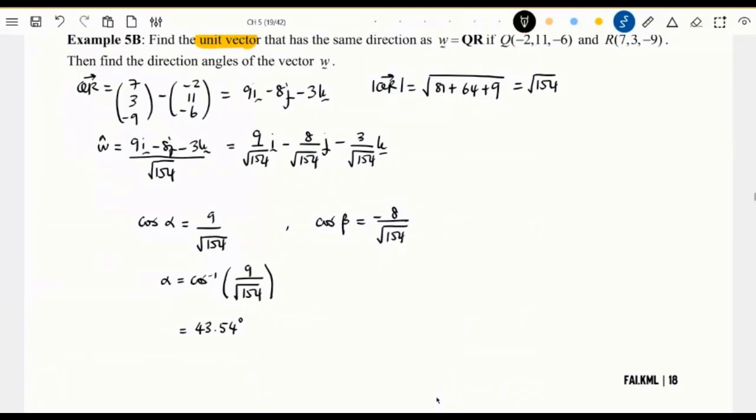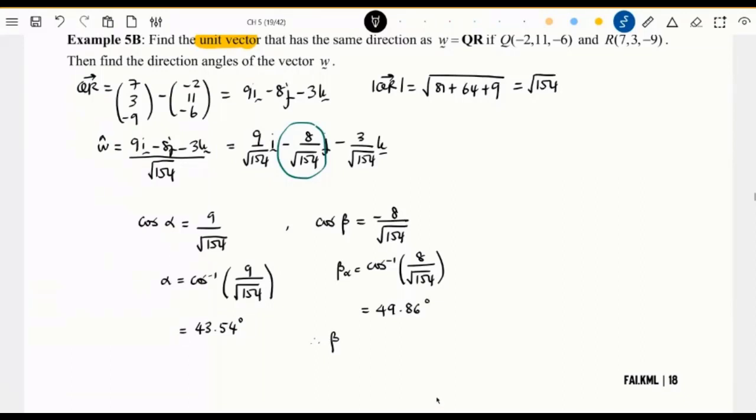Okay. And then cos beta, which is negative 8 over square root 154. Okay, sebab dia datang daripada yang ini. Okay, and then so we have it the beta, kita nak cari nilai acute angle dulu. Okay, dapat berapa ni nilai dia? 49.86.